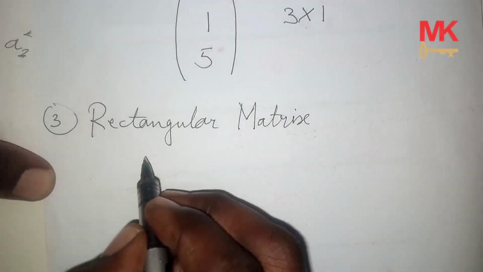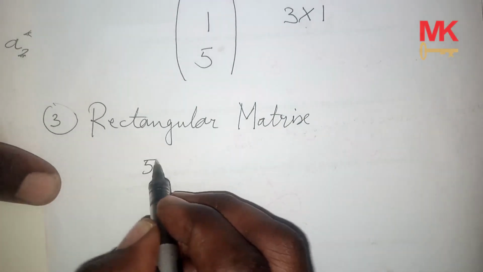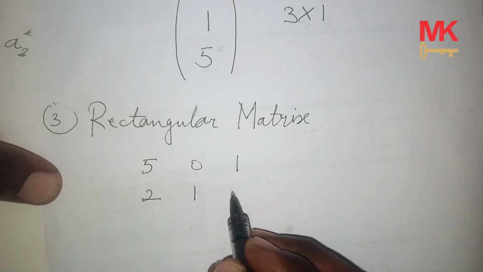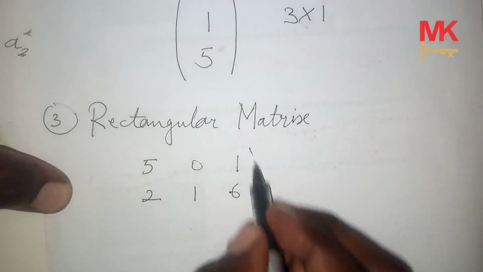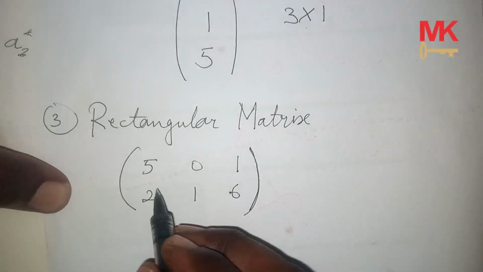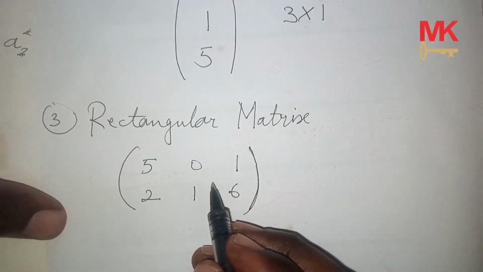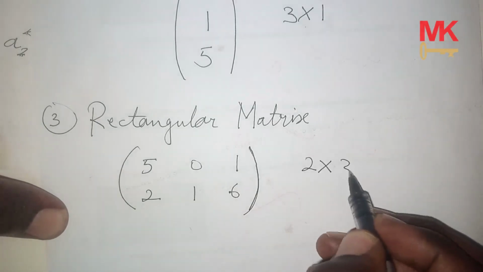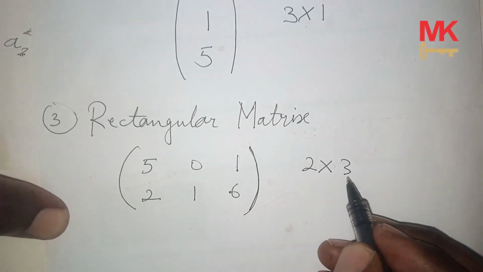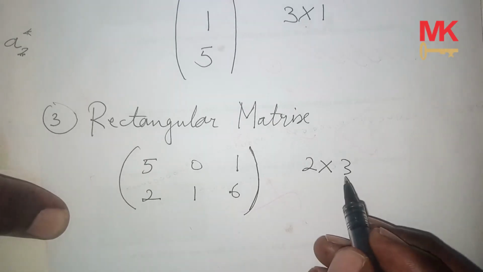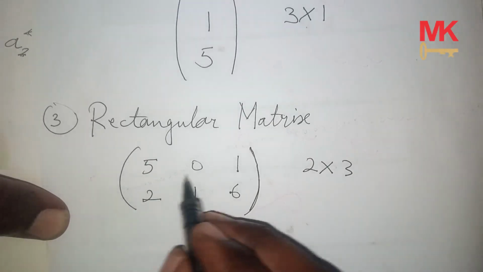For example, you have let's say 5, 0, 1, 2, 1, 6. The row number and the column number are not the same. If you check the dimension of this matrix, you will see that this is a 2 by 3. The row is 2, the column is 3, and so the rows and the columns are not the same. So this is called a rectangular matrix.